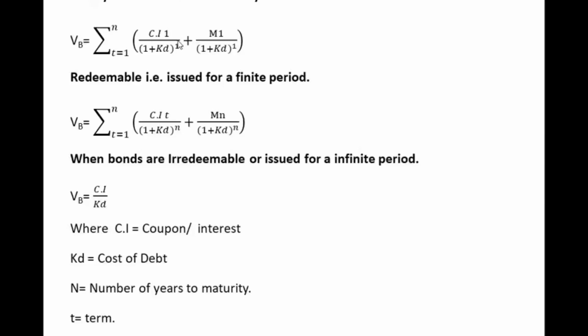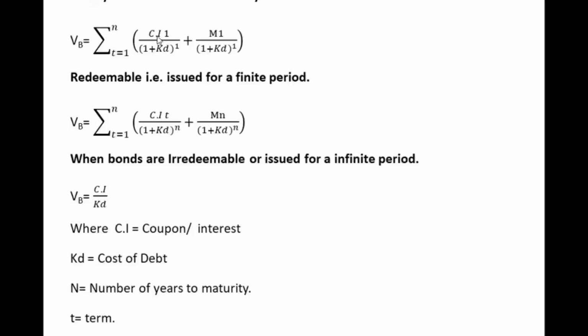As I told you, it is a combination. The value of a bond can be determined based on the coupon and the redemption value. So the coupon and the redemption value are discounted. As I told you initially, discounting helps you find out the present value of the future returns.